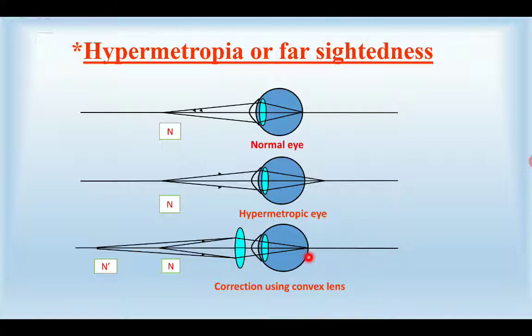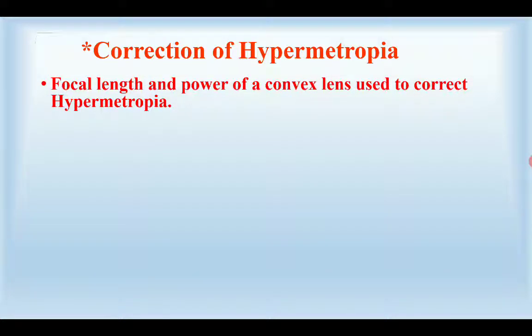So in order to correct hypermetropia, we are using the convex lens, and now the image is formed at the retina. So let us figure out the formula for the focal length and the power of the convex lens used to correct hypermetropia.